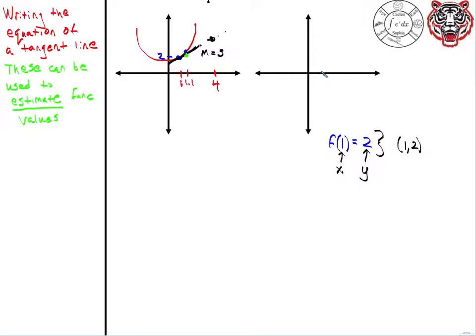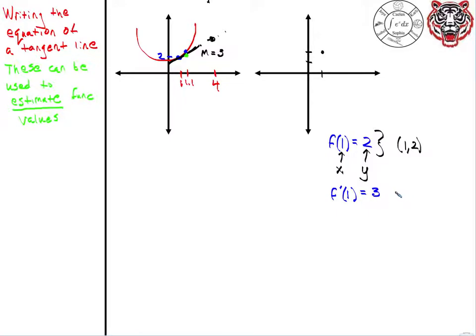So we come up over here, 1, and up 1, 2. And then we would also have a function. Usually they're going to give us the actual function, or maybe they'll just give us the slope. They'll say something along the lines of f prime of 1 is equal to, we'll say, 3.